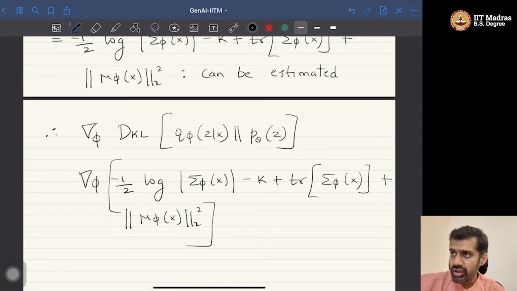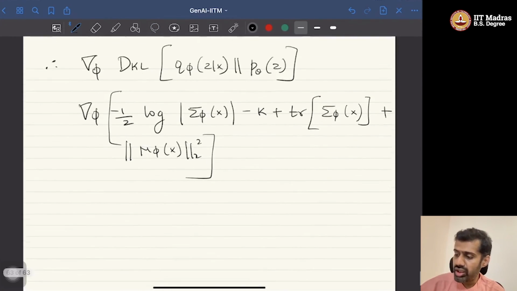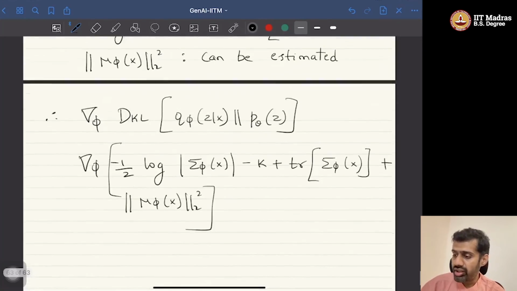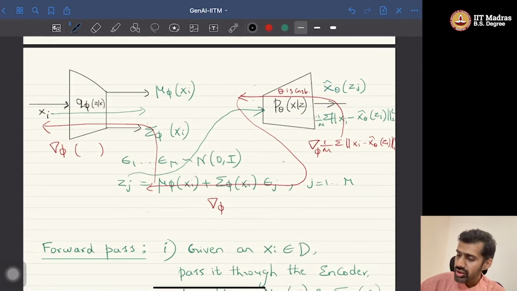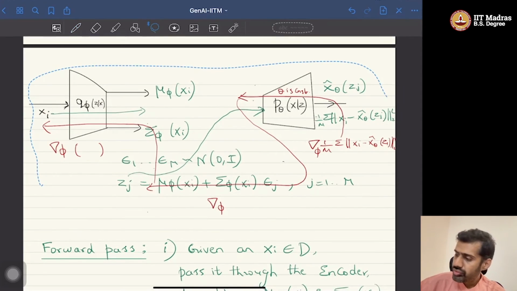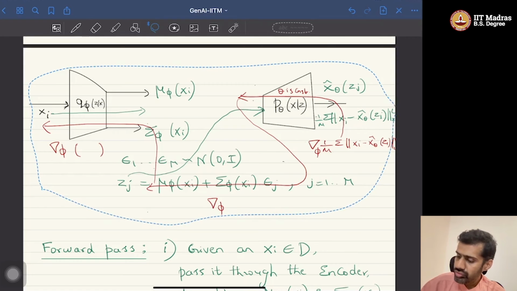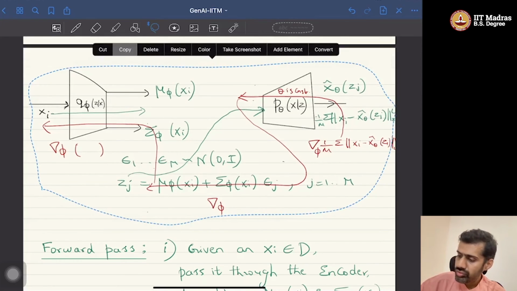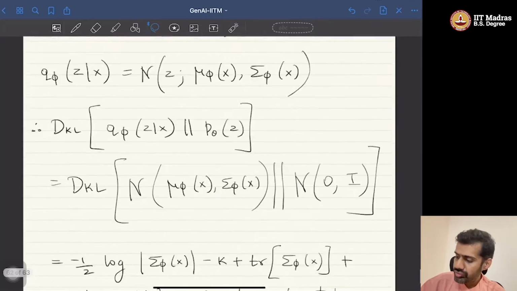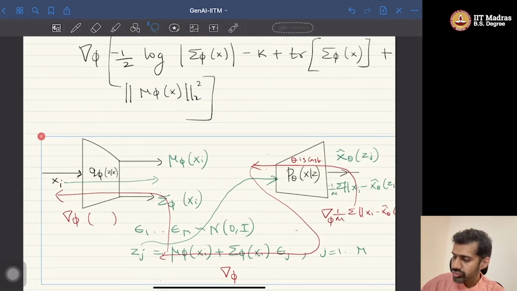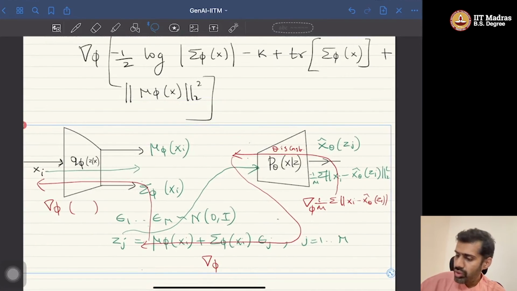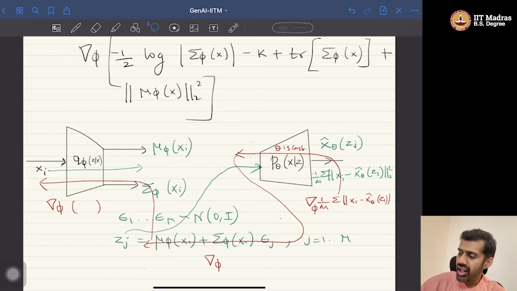Now, how does this get into the training of our encoder decoder? Nothing changes in the forward pass. During the reverse path, the gradient with respect to the KL term will simply get added up.